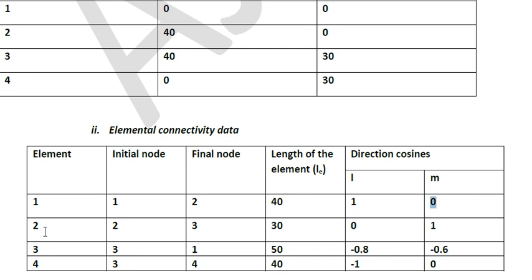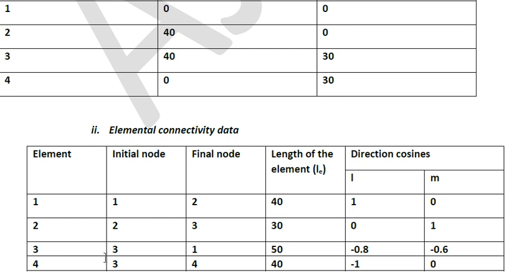That is about element 1. Coming to element 2, initial node is 2, final node is 3. Therefore, the direction cosine L is final minus initial by 30, 40 minus 40 becomes 0. For the y coordinate, 30 minus 0 by 30, that is 1.